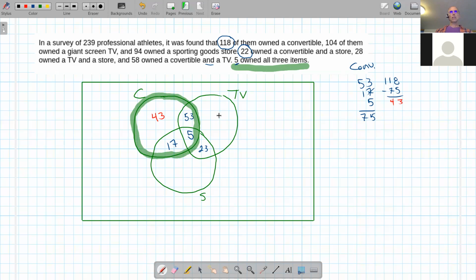And then I'm going to do the same thing with the TV. I'm going to do the same thing with the sporting goods store. And then I have to see if there's any out here. So let's keep going. So let's take a look at TV. For the TV, I've accounted for 53, 5, and 23.